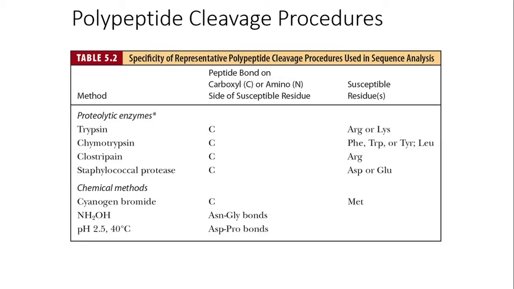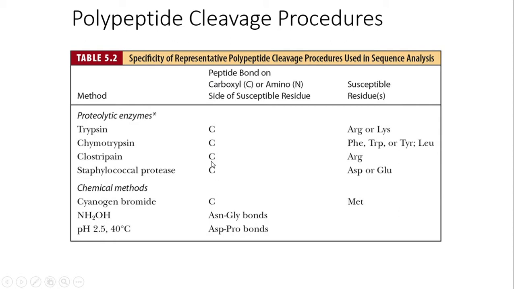So here's a table that contains some of the more common enzymes and chemical methods that are used in fragmentation and sequence analysis. Trypsin, chymotrypsin, clostripain, staphylococcal protease, which I mentioned.